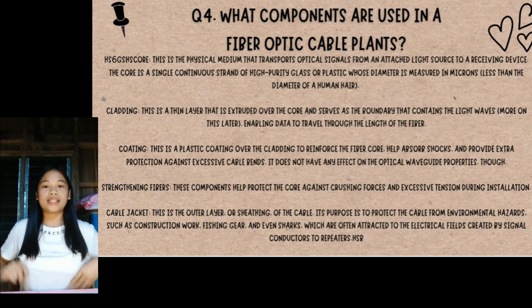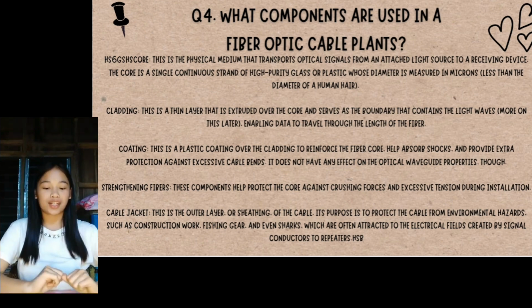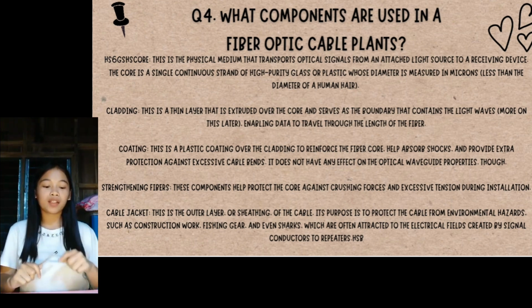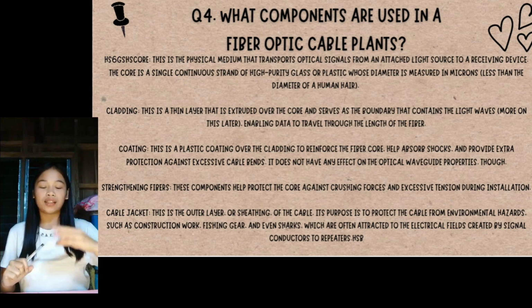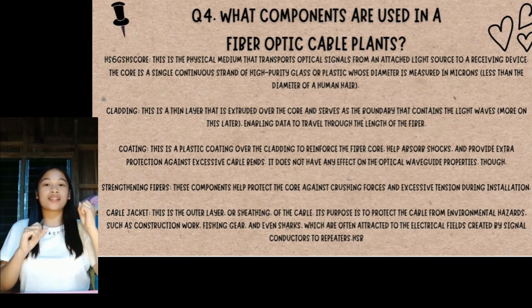Then the second one is cladding. The cladding is a thin layer that is extruded over the core and serves as a boundary that contains the light waves, enabling data to travel through the length of the fiber. So the first one is the core, then the second one is the cladding.